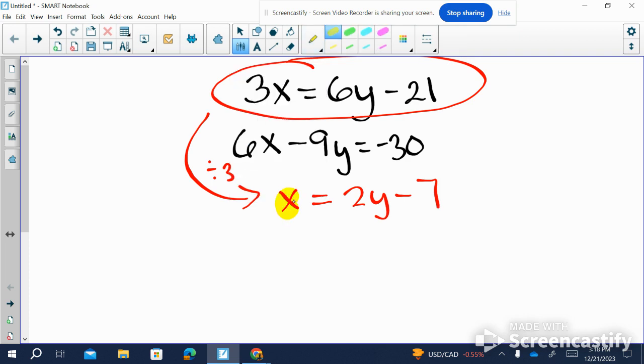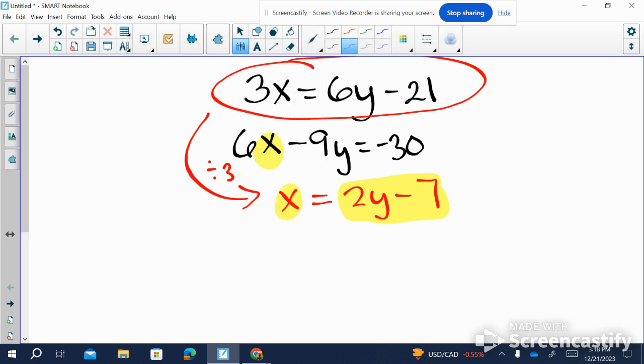So now I know that x is equal to 2y minus 7. So the next step into solving using substitution is to substitute in 2y minus 7 into the second equation, anywhere we see an x.